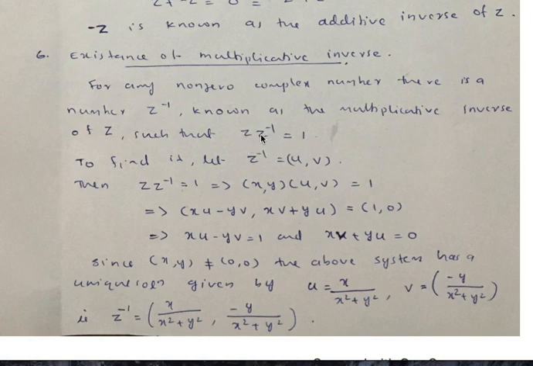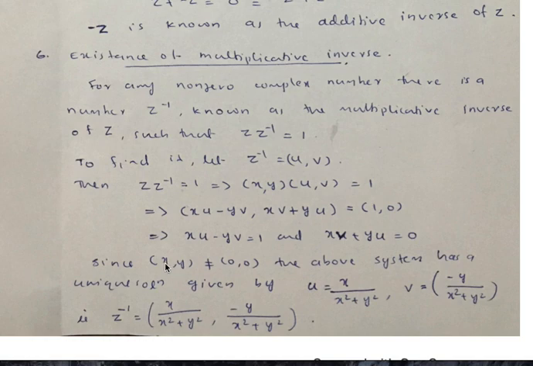That's how a multiplicative inverse is defined. Now, z into z inverse has to be 1, right? So you just substitute here: (x, y) times (u, v) has to be 1. Use the definition of multiplication, you get this. Split it up: you get xu minus yv equal to 1 and xv plus yu equal to 0.